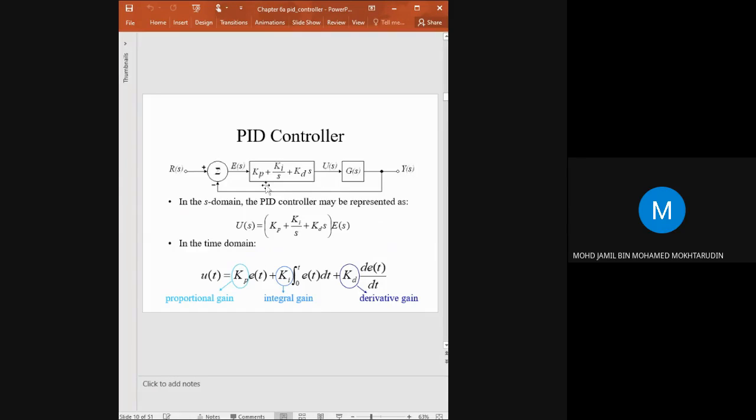We have a controller here, and in the controller we can put a PID controller. This is the transfer function for the PID controller, in frequency domain or S domain. And if you want to convert into time domain, then it becomes Kp e plus Ki integral of e plus Kd derivative of e. That's why it's called Kp as proportional, Ki as integral, and Kd as derivative.